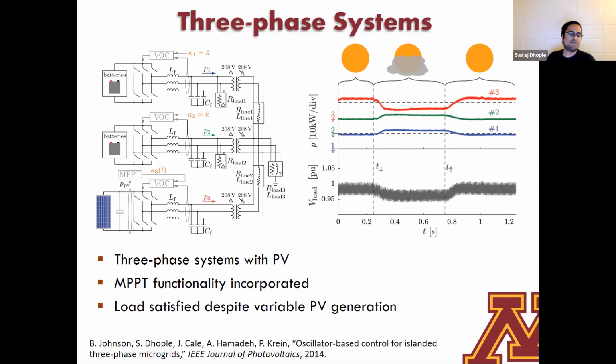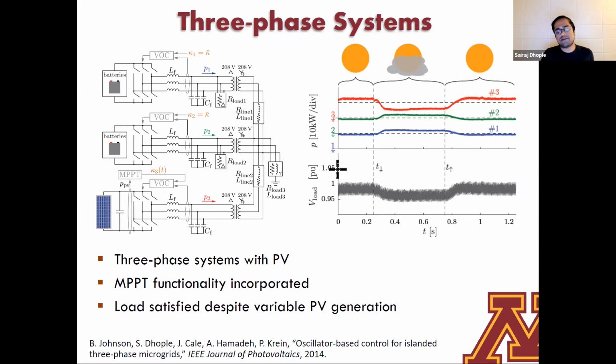Again, adding on a little bit more functionality, I'm throwing in maximum power point tracking functionality by tuning a few parameters. There are many different ways that we have done this, and others have tried this in the literature, but I'm showing you that you can extend this to more complex networks, three-phase networks here, where you might have loads at the terminals of inverters, non-negligible line impedances, transformers, and centralized loads that you have to supply, and one of them might be an MPPT-based three-phase inverter.